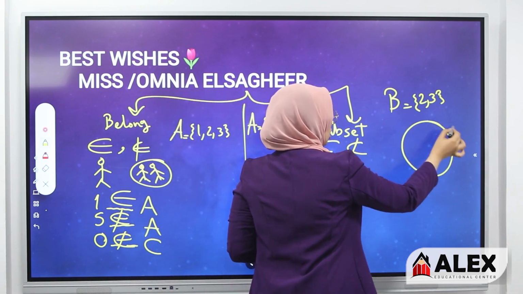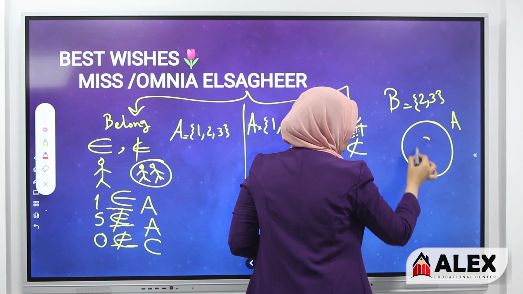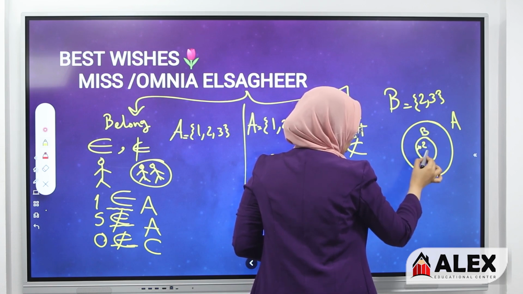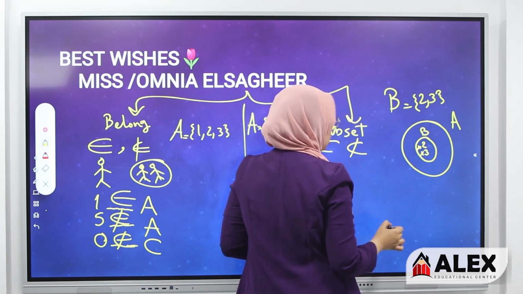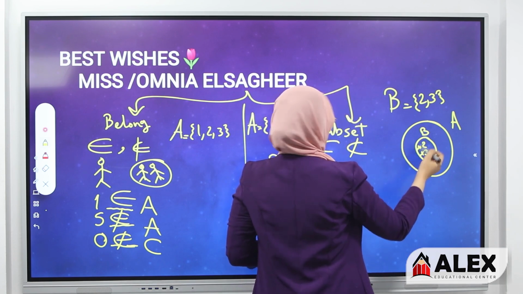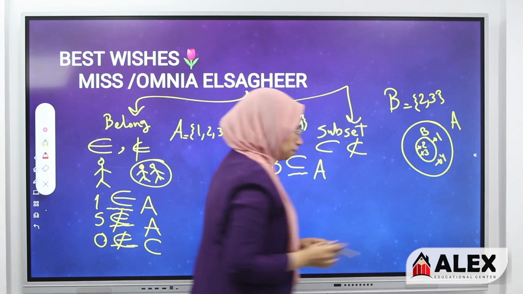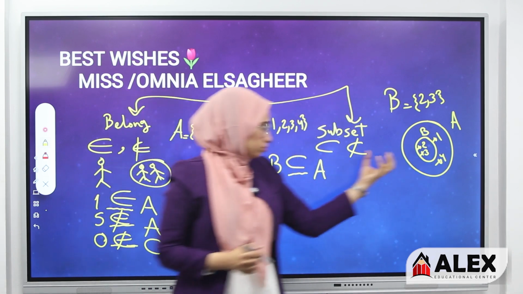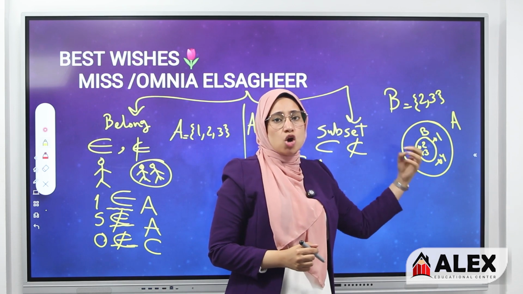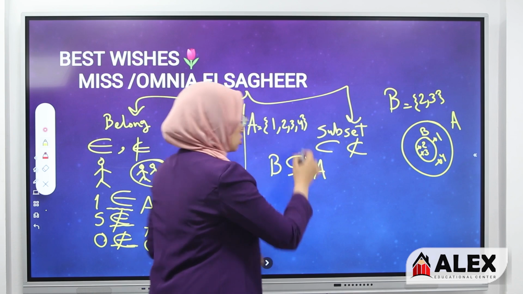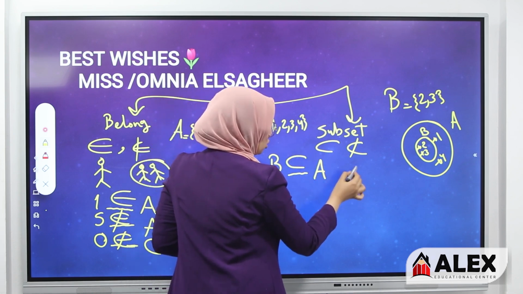In the Venn diagram, it's A, and then it's B. B has 2 and 3. Then A has 2 and 3, 1 and 4. That means B is a subset of the greater set, which is what? A.